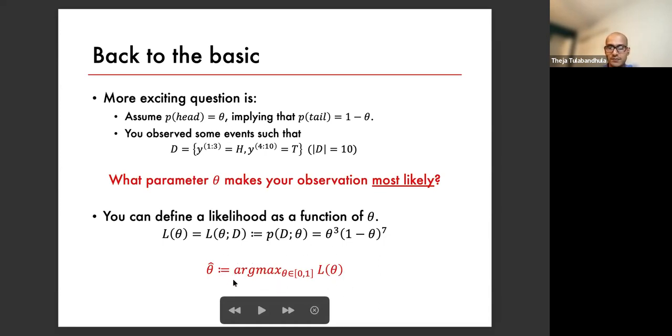A brief comment about this restriction of theta between 0 and 1. I think I mentioned this type of restriction at the beginning of the class as well. The gradient descent techniques that we saw earlier, gradient descent, stochastic gradient descent, mini-batch gradient descent, don't consider this restriction, at least the versions that we saw in the slides. They don't consider that the parameter you're searching for has to be between some low value and some high value. If you want that restriction, there are some additional things you need to do, and the names of the algorithms are slightly different also.